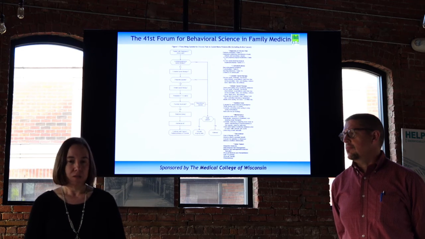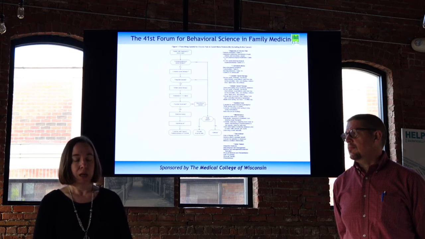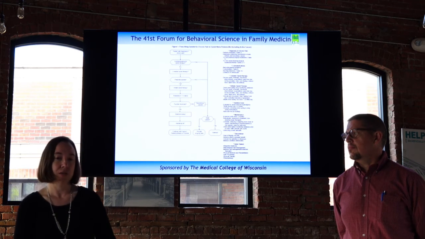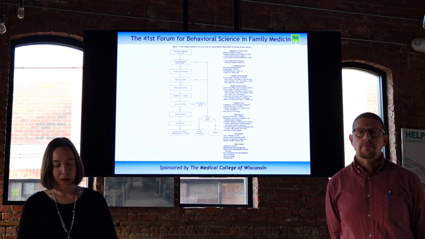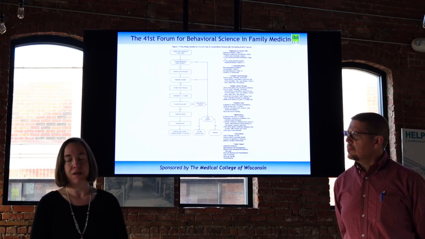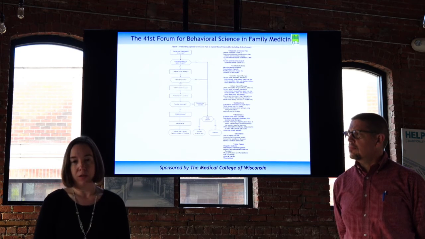And only if all of those things are not resulting in improvement in function, then asking the question, are opioids reasonable to try? And by reasonable, we mean, is there potential of benefit with low risk?